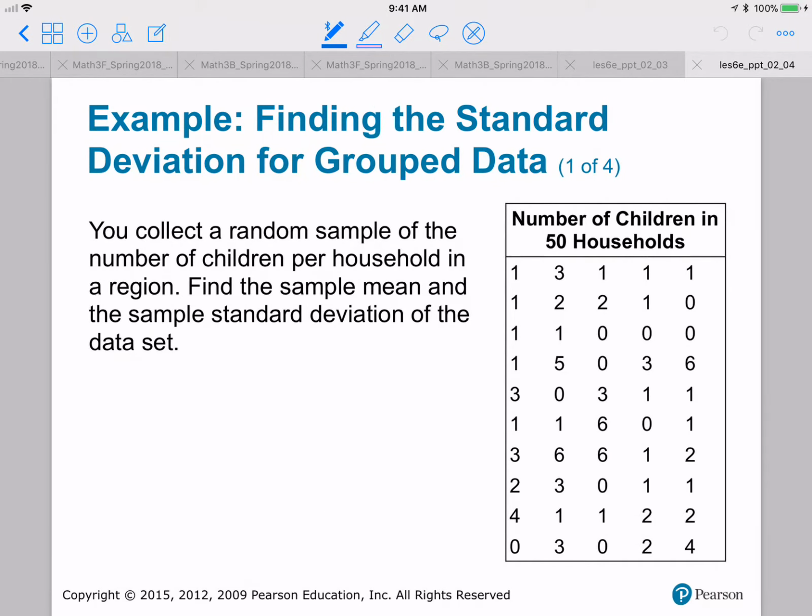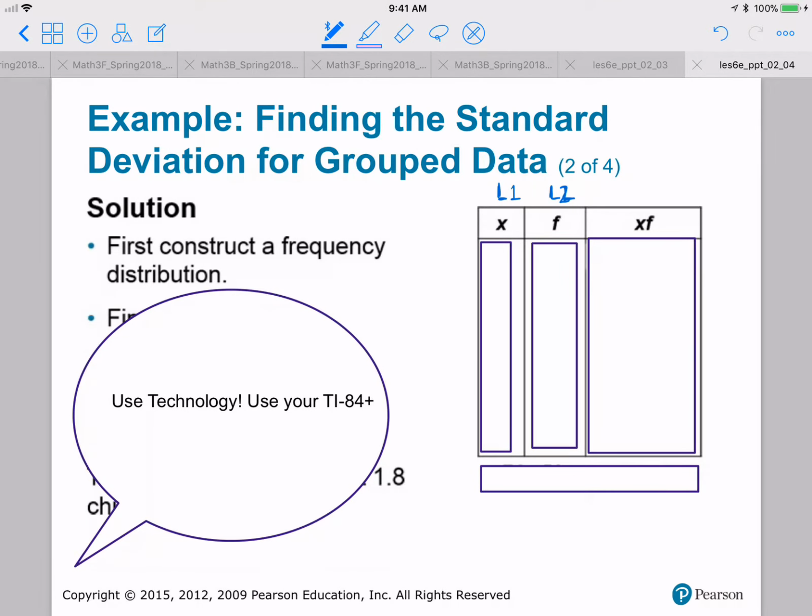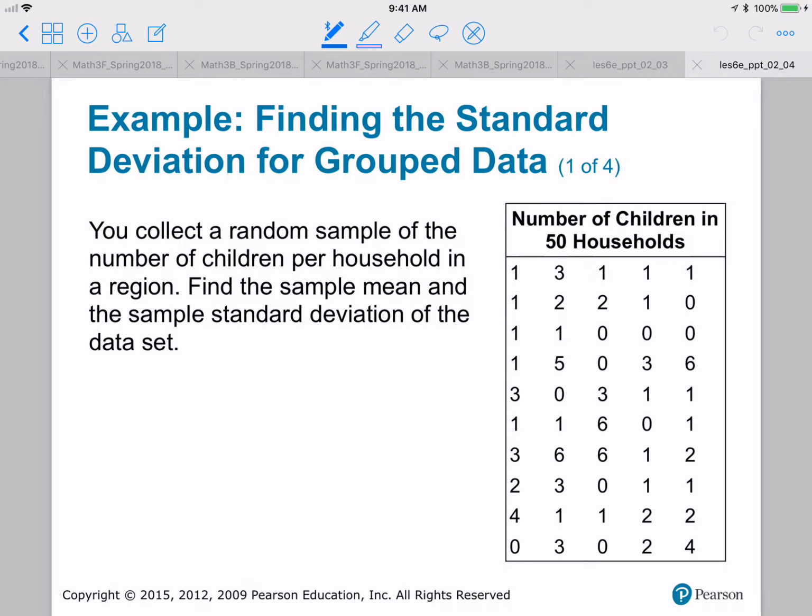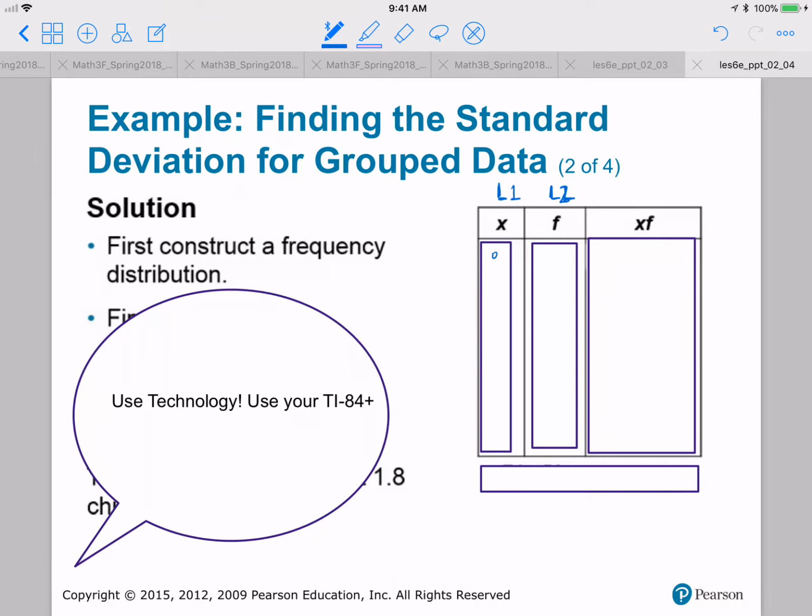So our values for L1, here's what we can do. It looks like we've got 0, 1, 2, 3, 4, 5, and 6. So we could have here 0, 1, 2, 3, 4, 5, 6.